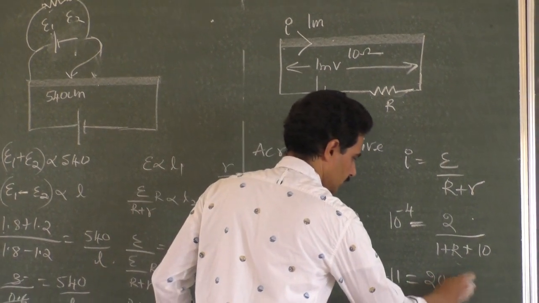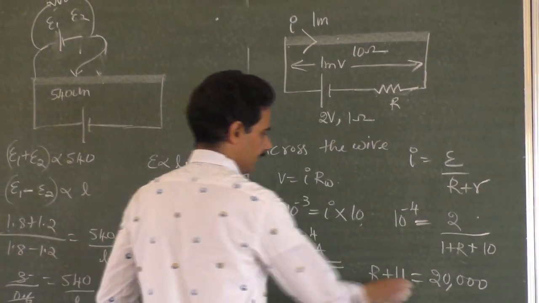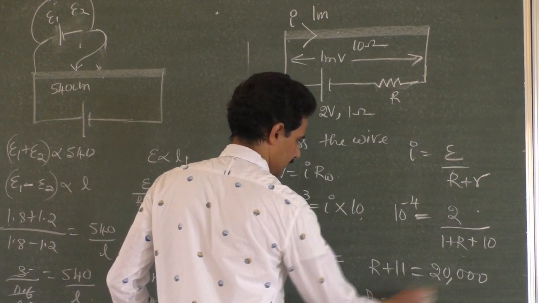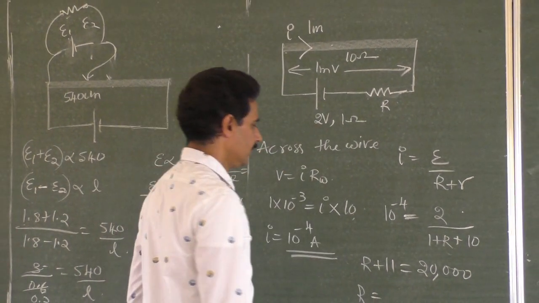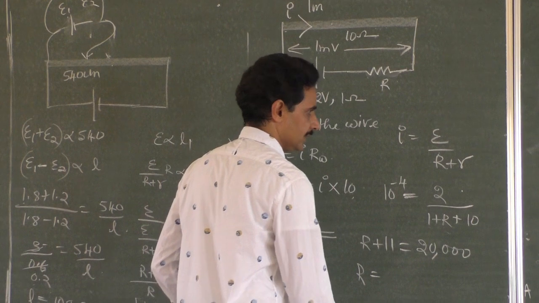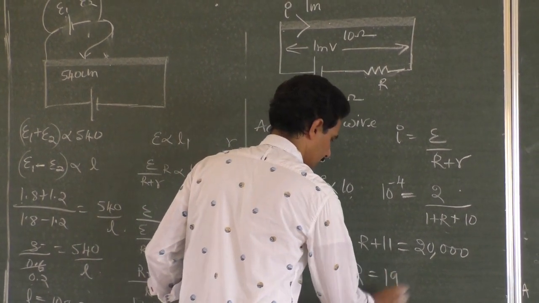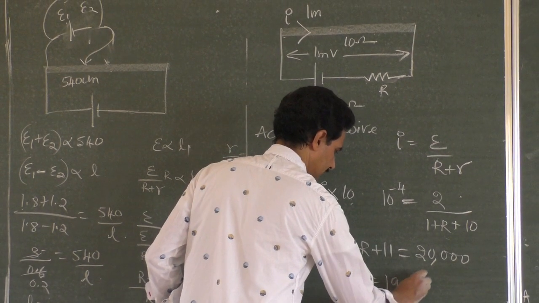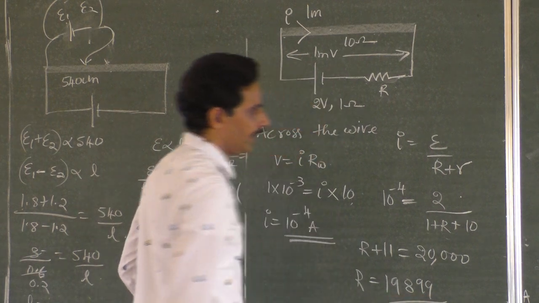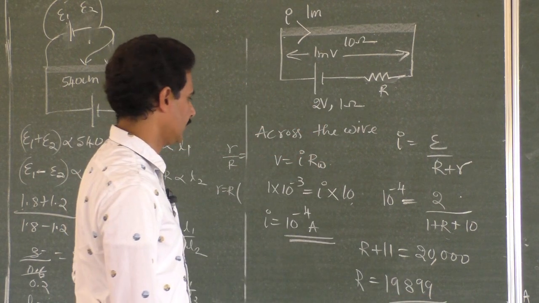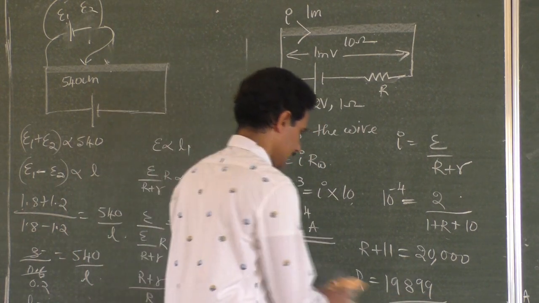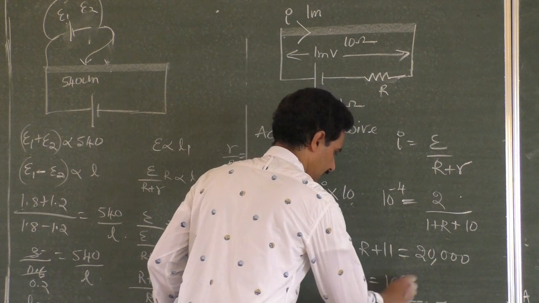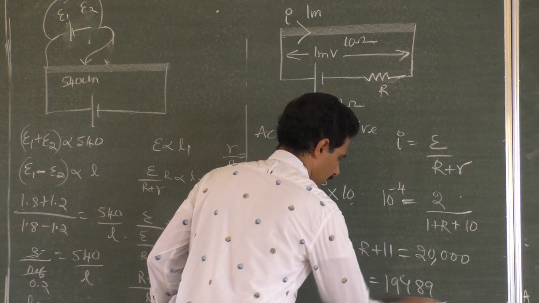10,000 into 2, 20,000. Remove 11 from 20,000. R is equal to, if you remove 10, 19,990. Now 19,990, 899, right? 19,989, yes. Not 99, 89, 989, because you have 11 here.